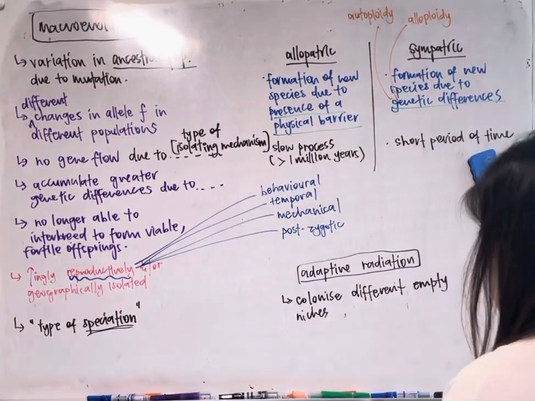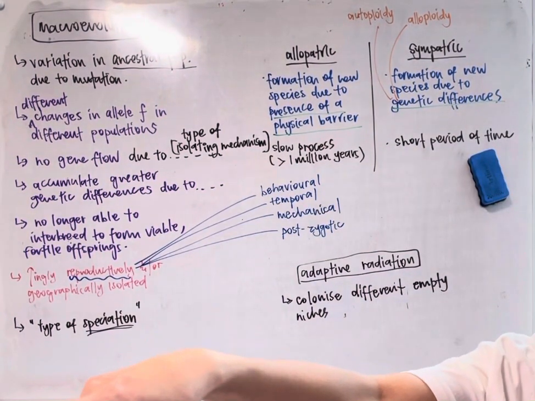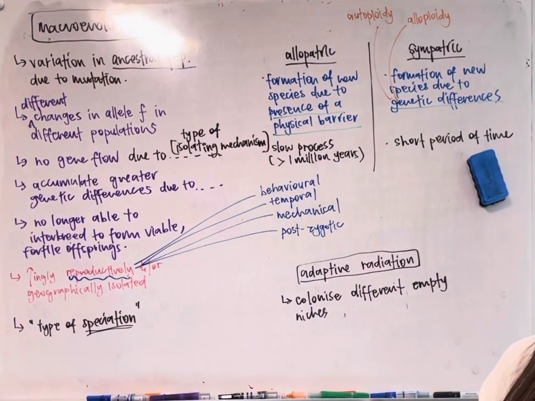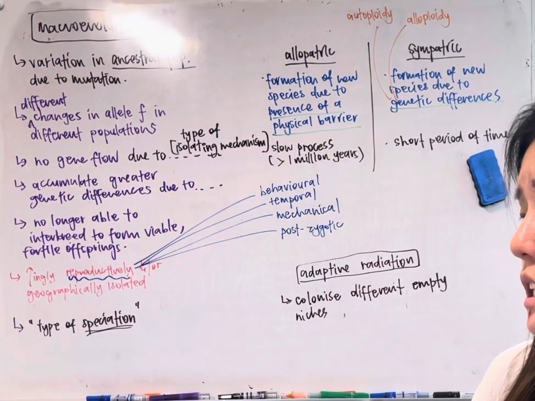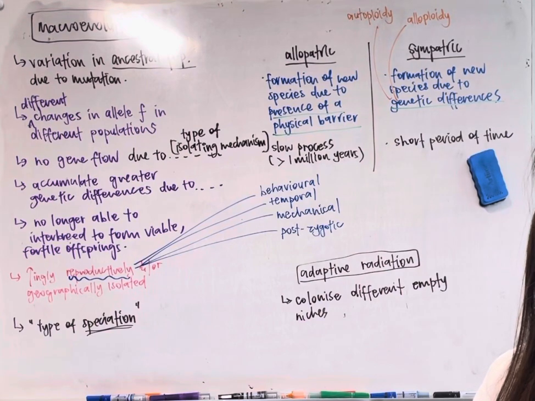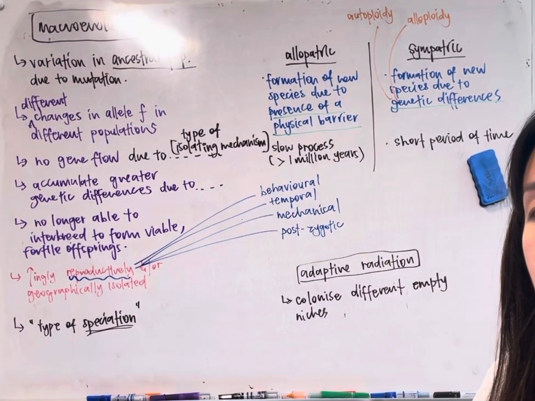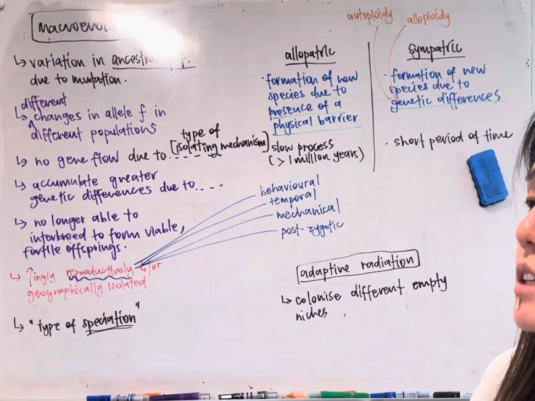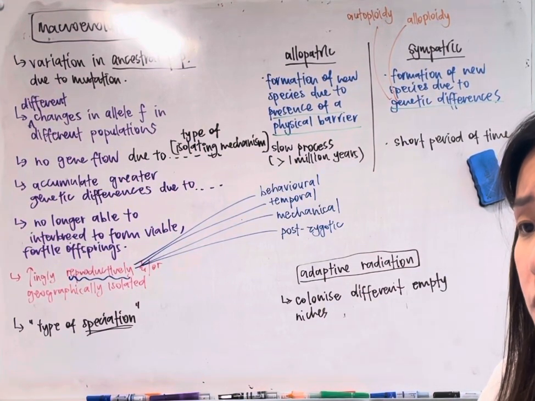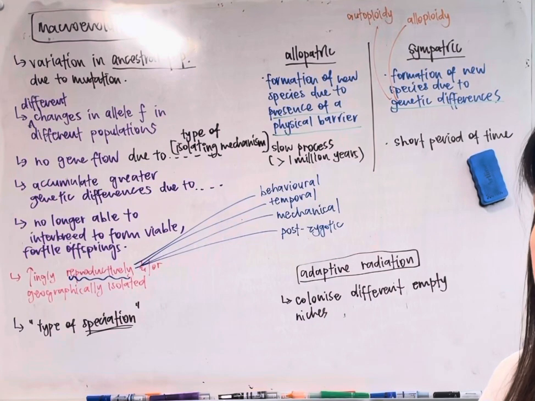So what are some key phrases that you mentioned about adaptive radiation? Can you highlight colonize different niches? Highlight the word ancestral species. Because I know this is the adaptive radiation and talking about macroevolution. Do you see you still need to tell me about your micro? Do you see now? Different locations or different niches have different selective pressures.